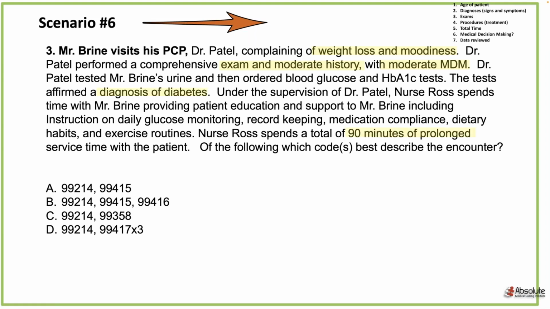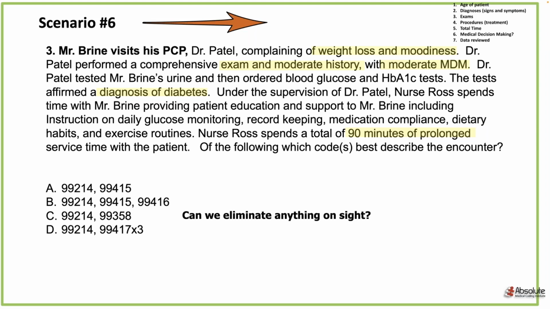We have a diagnosis of diabetes, and Nurse Ross spent 90 minutes of prolonged services or prolonged time with the patient. They told us how much prolonged time there was.